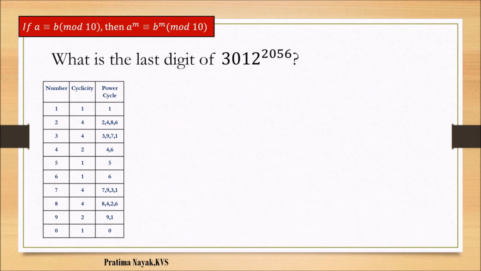Next, what is the last digit of 3012 raised to the power 2056? So first I'll convert this base into modulo 10 to find its unit place digit. It is 2, it is visible. So 3012 is congruent to 2 modulo 10.